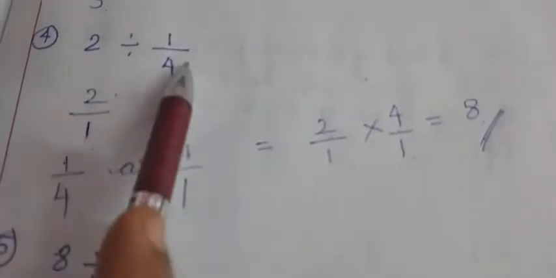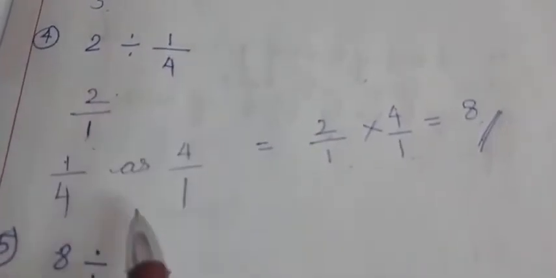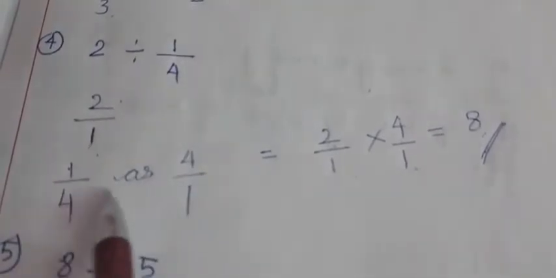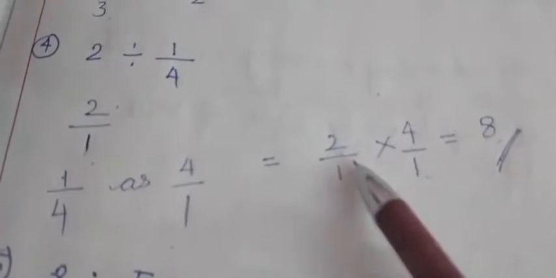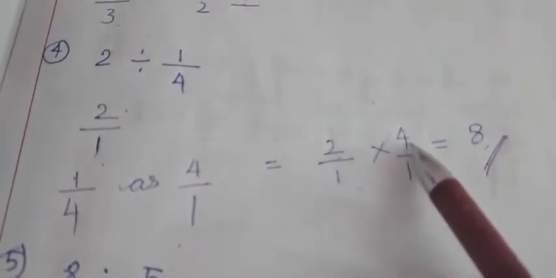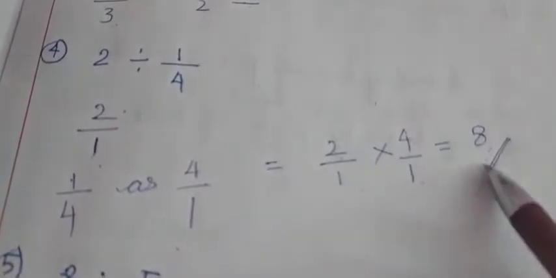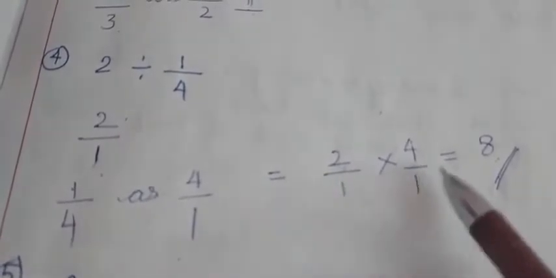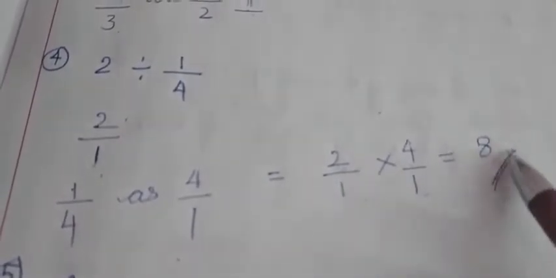Do you understand students? Step by step. If it is not complete fraction, write below 1 as a denominator, 2 as a numerator. The next divisor, that is a multiplicative inverse, we have to write it 1 by 4 as 4 by 1, and then we have to multiply now. 2 4s are 8. Got it? This is the answer. Here we cannot use any short method, so directly we multiplied, and that is the answer.